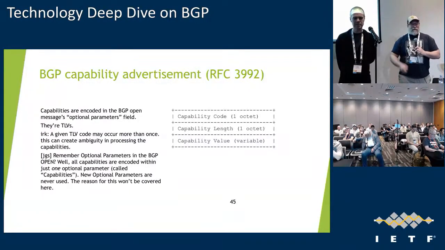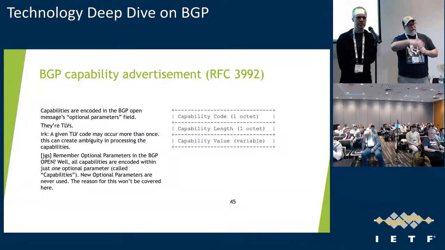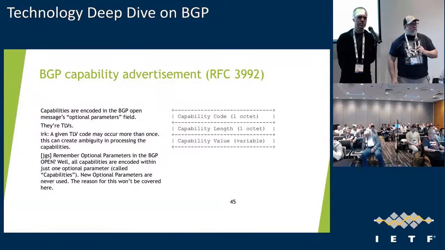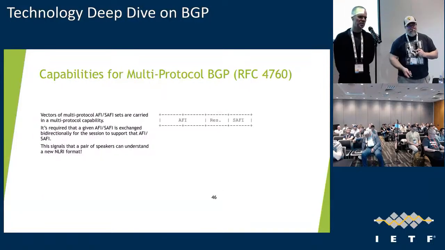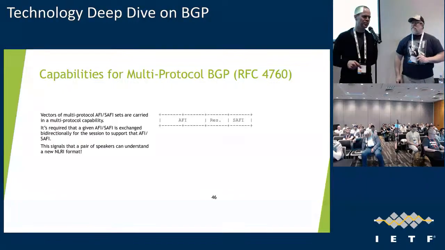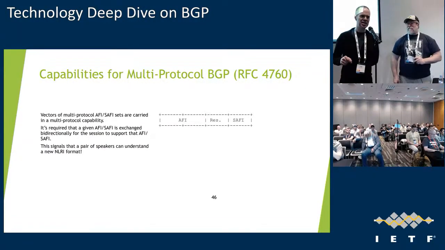One of the things that capabilities have is that you can encode them either as one optional parameter capability with the vector of the capabilities in it, or potentially more than one of these things. This leaves ambiguity about what happens if a given capability is present more than once. What does it actually mean? The moral of the story for me is that it crept in because the original capability spec wasn't prescriptive enough about that exact question.